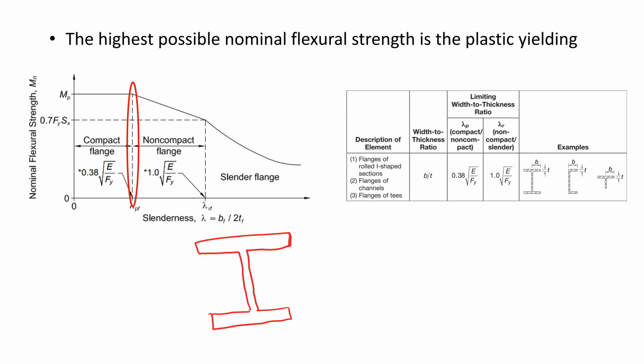The limiting slenderness ratios can be extracted from this table shown on the right, from the AISC Specifications 360, and this specific row is used to determine the slenderness ratio of the flanges of an I-beam. The slenderness ratio of the web of the I-beam, or any other shape for that matter, can be found in the AISC Specifications 360.